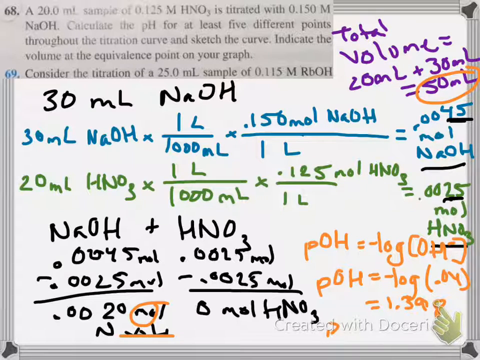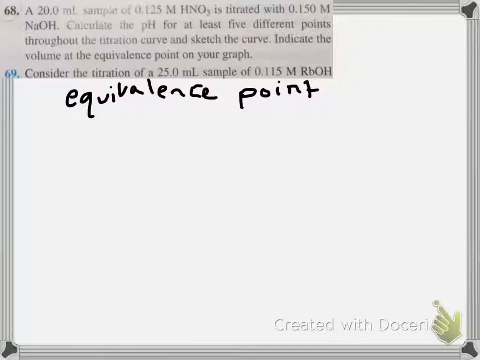So therefore, my pH is equal to 14 minus that number, which is 12.602. So when I have 30 milliliters of NaOH, my pH is 12.602.